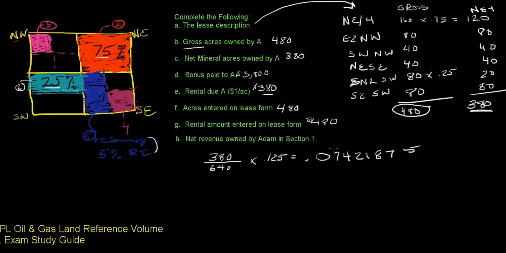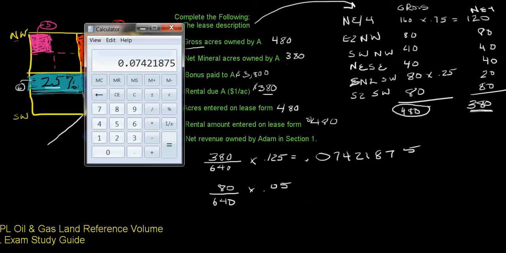Well, no, because remember, it's also important when we figure what royalty interest they own. So here they own a 5% royalty interest. So the way we're going to calculate that is we know that half of the southeast quarter is going to be 80 acres. So we're going to say 80 acres divided by the unit acres, which is 640, times the percent of royalty here, which is 5%, or 0.05.